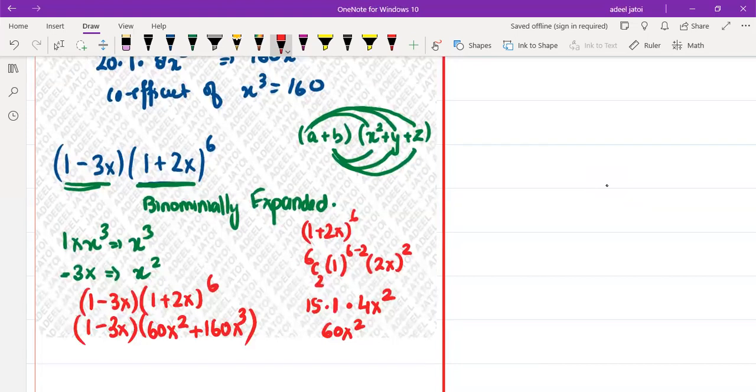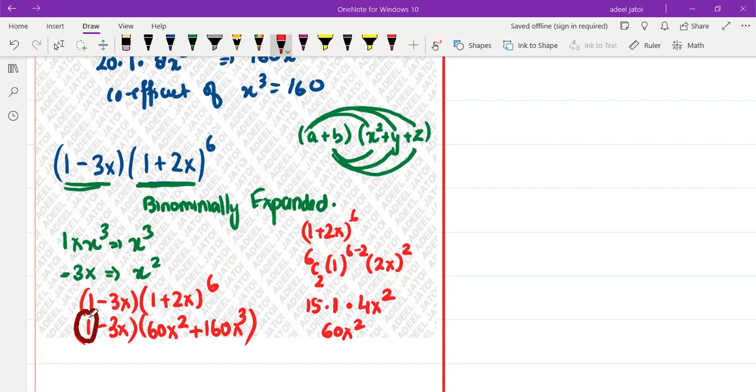Because when you have this 1 multiplied with 160x cube, you will get x cube only. And this minus 3x multiplied with x square, you will get x cube. That means you don't need to multiply 1 with 60x square, because 1 with 60x square will become 60x square, which is not needed.